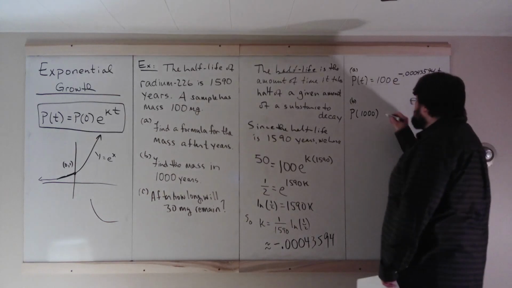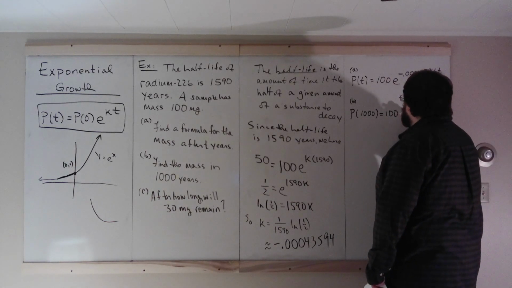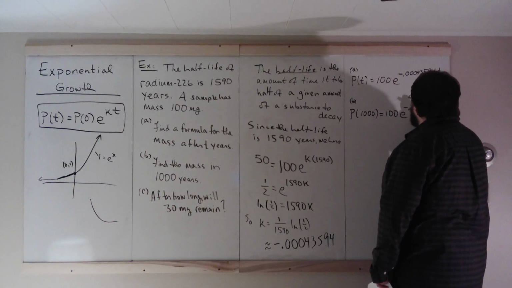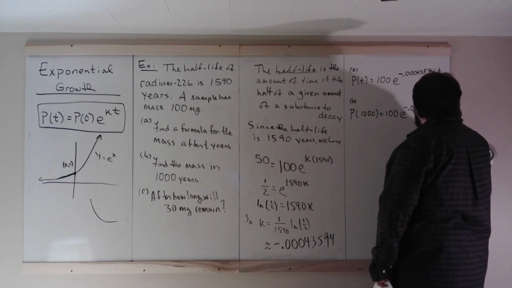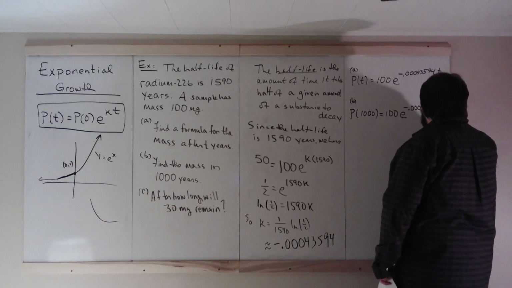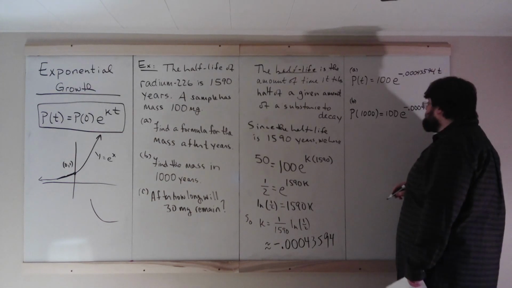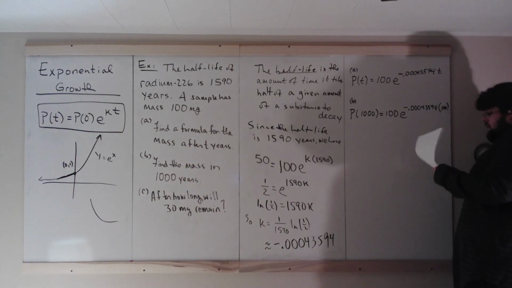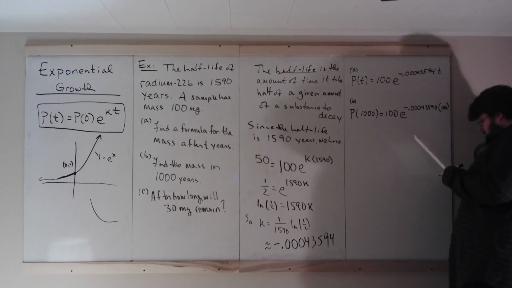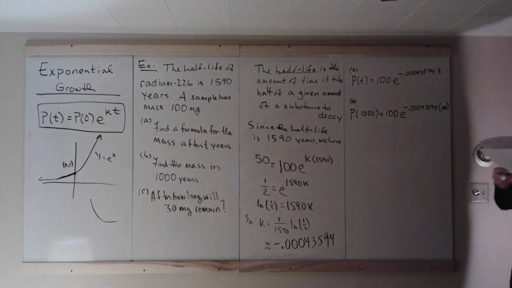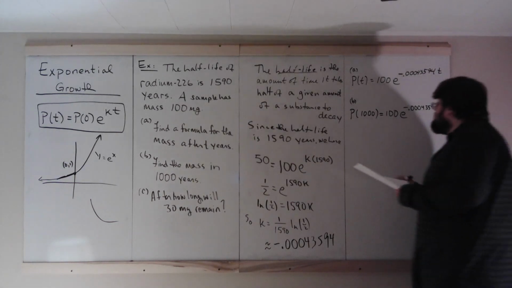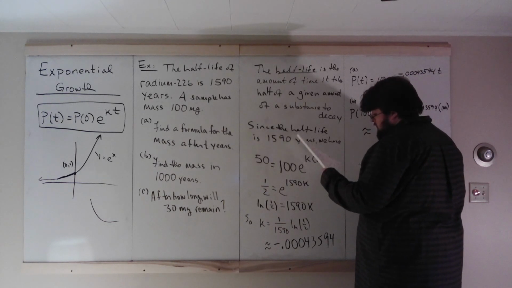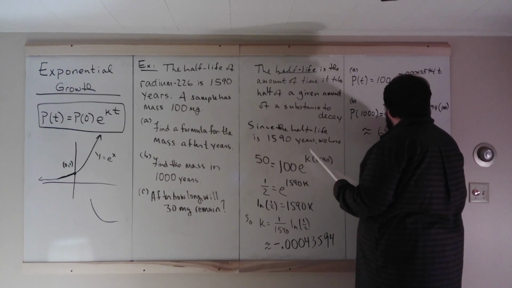So P of 1,000 equals 100 e to the negative 0.00043594 times 1,000. And what do you get? That's approximately equal to 65 milligrams.